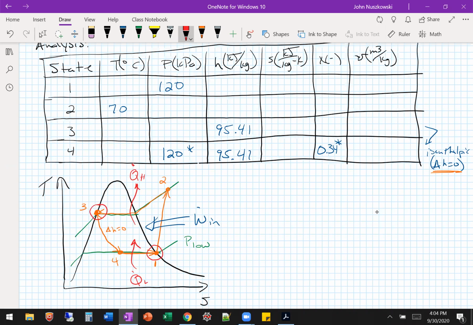So let's do that in a different color. Okay, by being a simple ideal vapor compression cycle, we know, and that's really beneficial because it really tells us a lot about our states. It gives us a lot of state information if we can just know that.